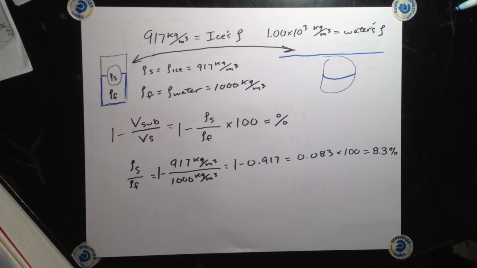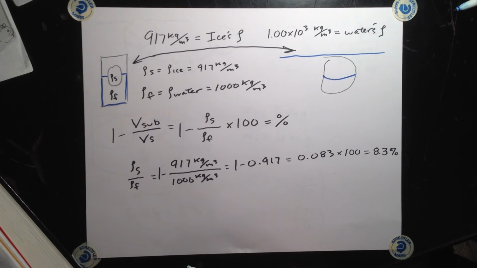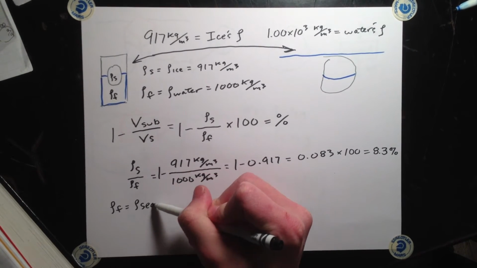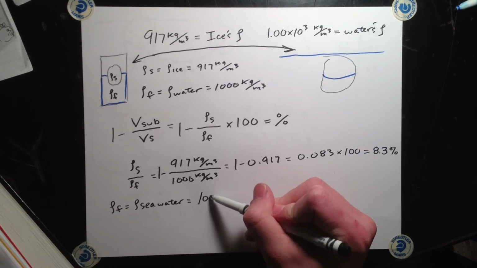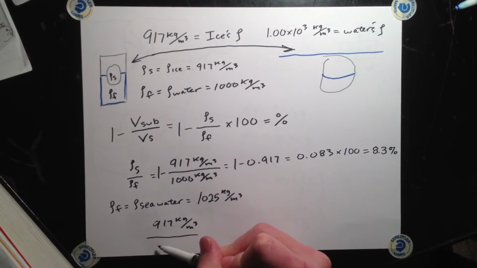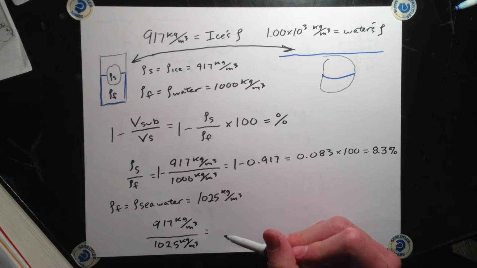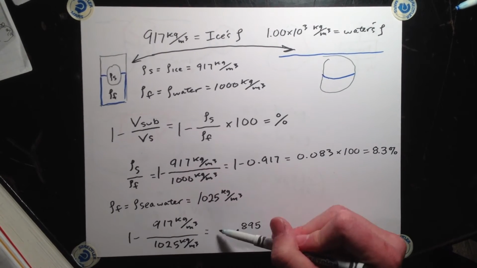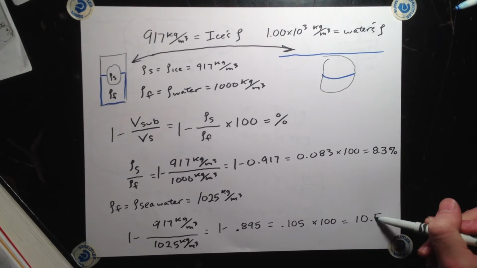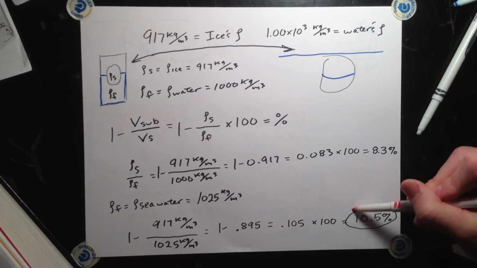We consider this case in the same fashion as with the freshwater. The density of seawater is equal to 1,025 kilograms per meter cubed. All we have to do is plug that into the previous equation to get 0.895. Subtract it from 1 and multiply by 100, which yields 10.5% of the iceberg that floats above the water.